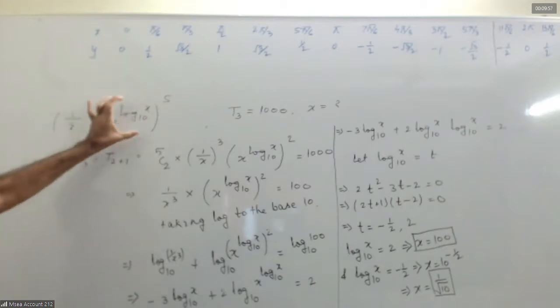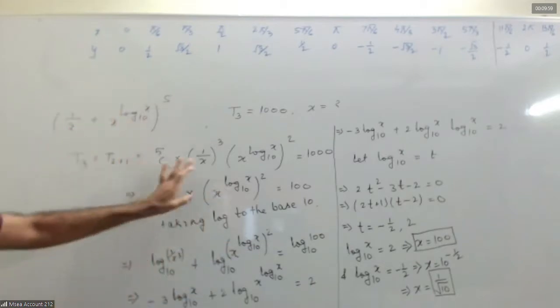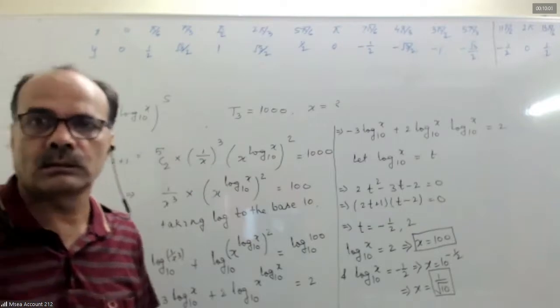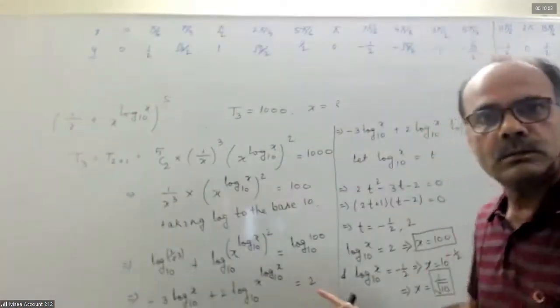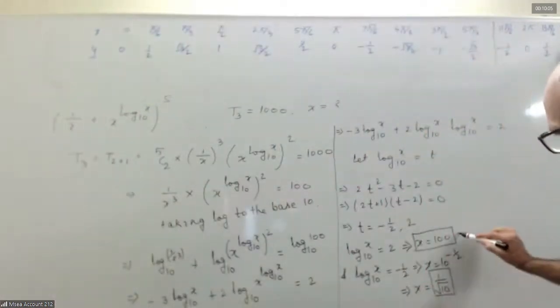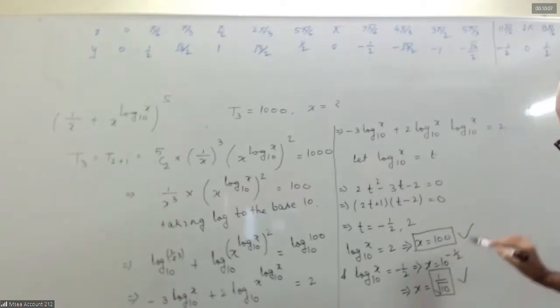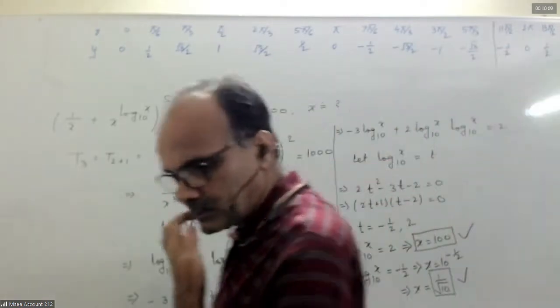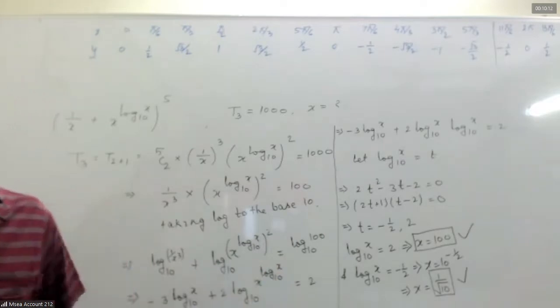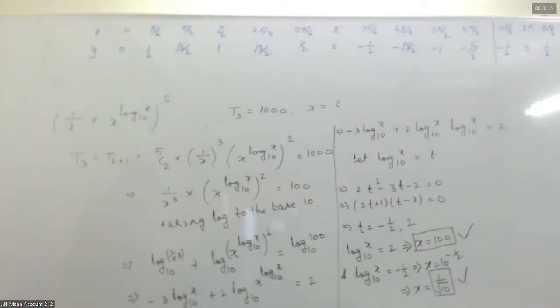This term is defined for both the values of x. Here also everything is defined. So these are two possible values: x is 100 and 1 by root 10. Any doubt anywhere? No doubts. Clear.